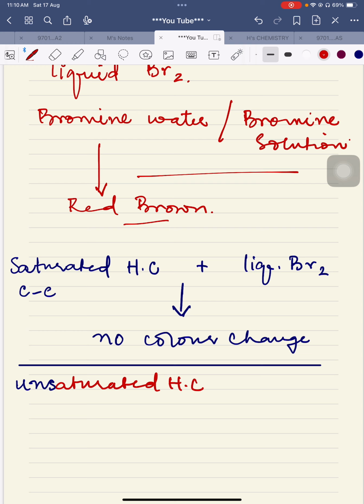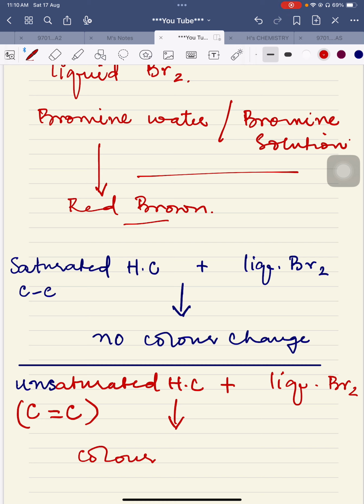It is going to react with the same thing, liquid Br2. As a result, what will happen? A color change: the color of liquid Br2 will undergo a change.